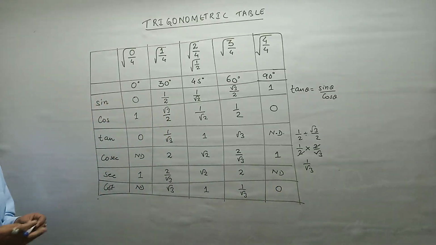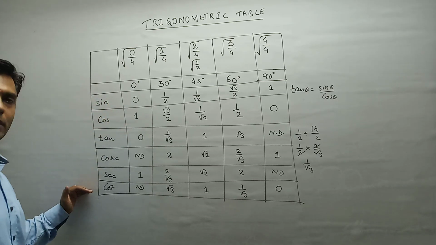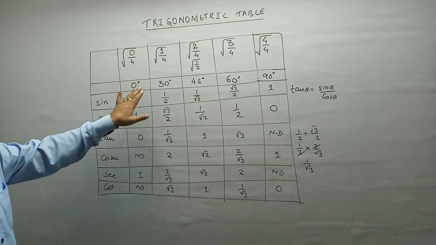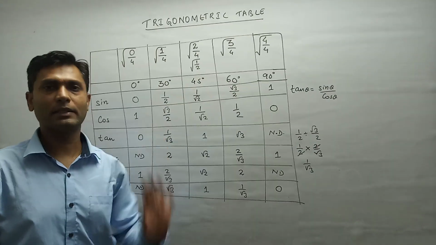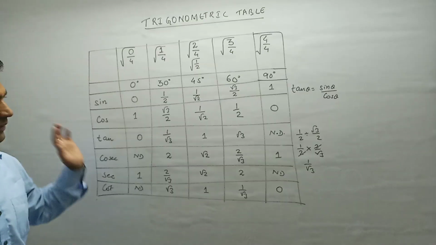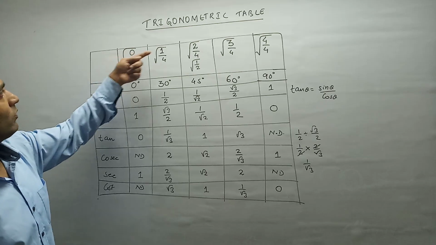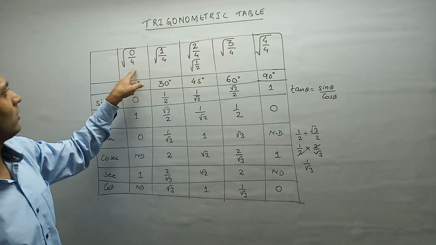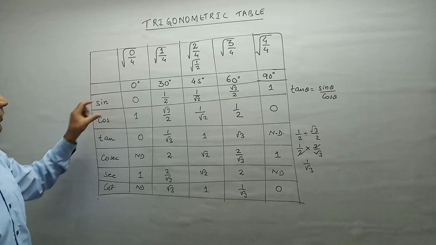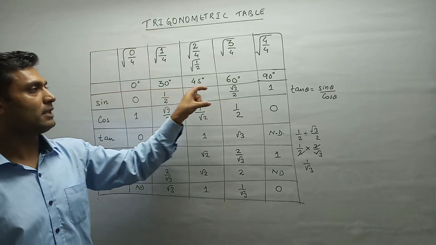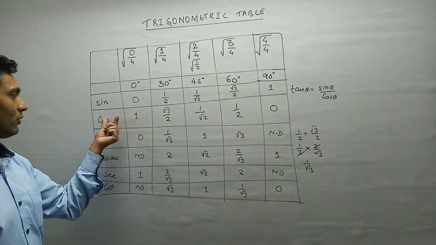So in this way we can find the values of the 6 trigonometric ratios for theta 0 degree, 30 degree, 45, 60 and 90 degree. Right? It is very simple. If you just remember 0, 1, 2, 3, 4, all divided by 4, and then take the square root of it, we get the values for sine theta. And cos, how do we get cos?